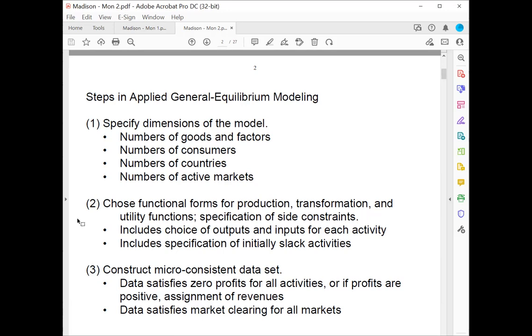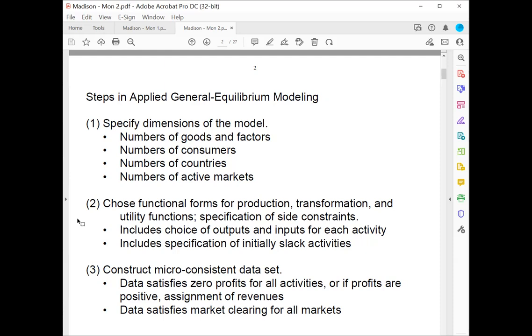Then choosing functional forms for production, transformation, and utility functions. And specification of additional equations, which we typically call constraints or side constraints, and we'll have examples of that later on. Then choices of inputs and outputs for each activity, which may again be given to you by your data set. And then, given this complementarity format, specification of initially slack activities.